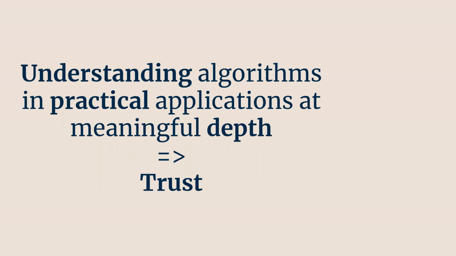And if you have an understanding at a depth that is useful for you, then you might be able to answer your questions yourself, and that can make you feel like you have a good way of interacting with it. You know what you're doing, you know what you're expecting, and that can generate trust in the system.